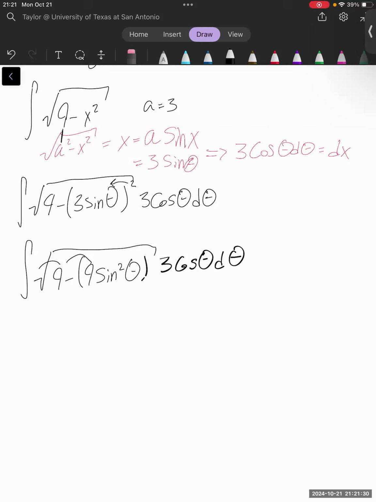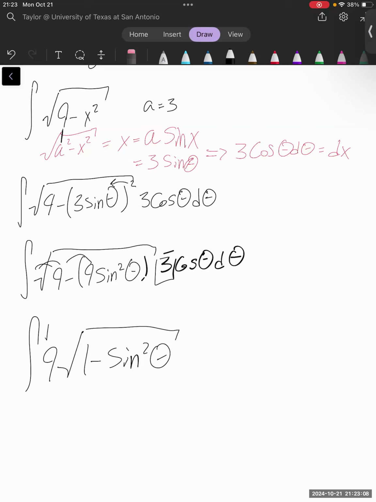So that gives me the integral of 9 times root of 1 minus sine squared theta. And this 9, if you're confused, remember we have this constant 3 just sitting out here. So when you pull the 3 out, you multiply that by 3, it gives you 9.